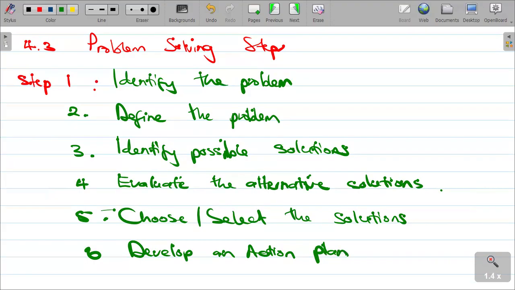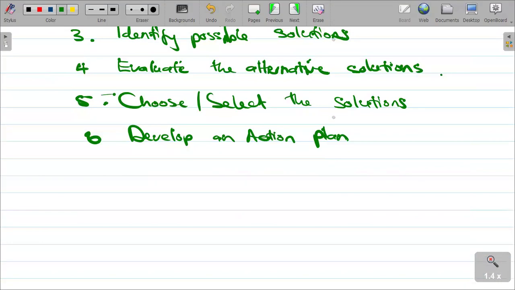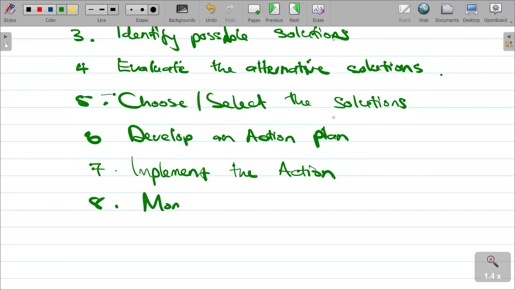Once you develop an action plan, you then implement the plan. And then you monitor the implementation of the solution.